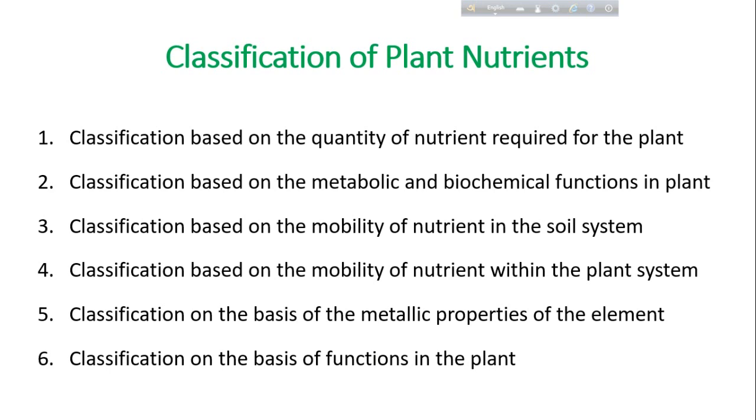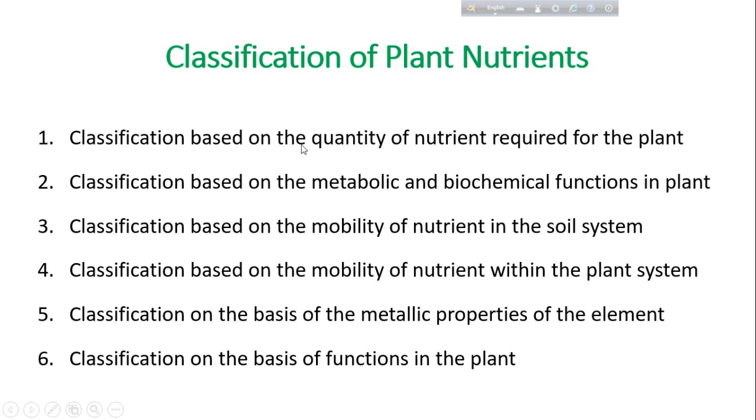The classification of macronutrient and micronutrient is widely accepted and widely practiced by the student, the researcher, the academician, and the farmers. Anyway, we will classify the plant nutrients in more detail. So the classification may be of the following 6 types.